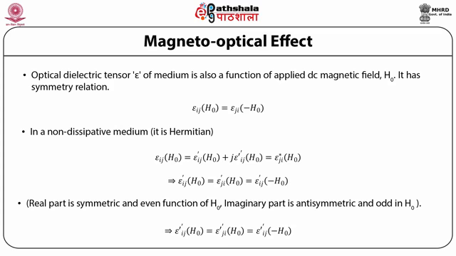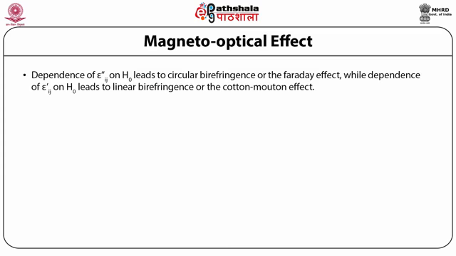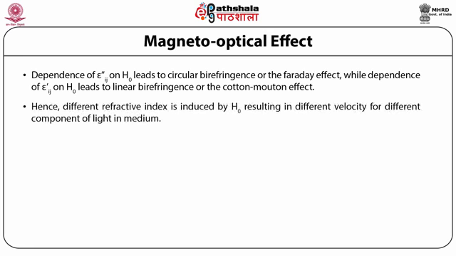So the dependence of ε_ij'' on H0 leads to circular birefringence or the Faraday effect, while the dependence of ε_ij' on H0 leads to linear birefringence or the Cotton-Mouton effect. Hence, a different refractive index is induced by H0, resulting in different velocity for different components of light in the medium.